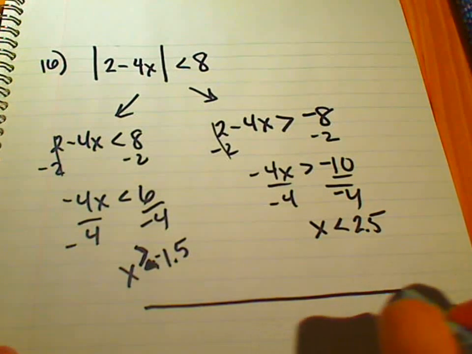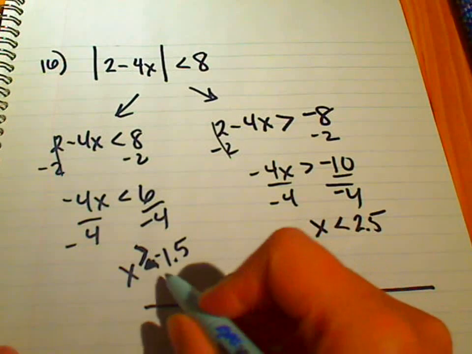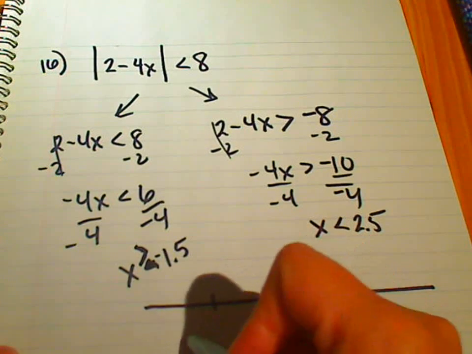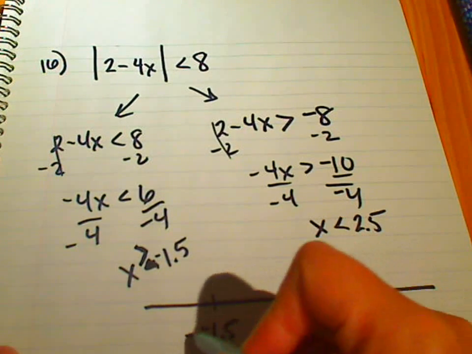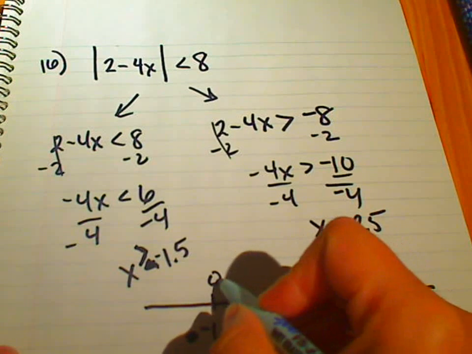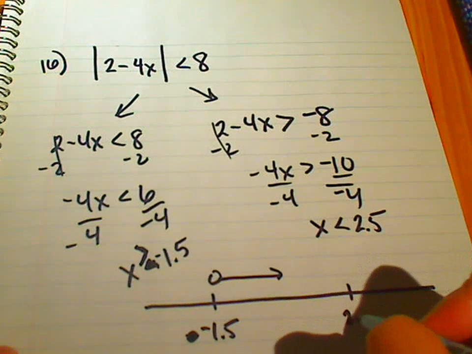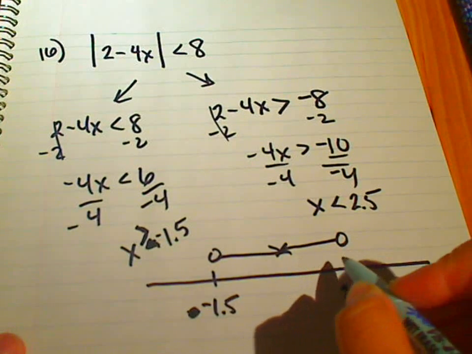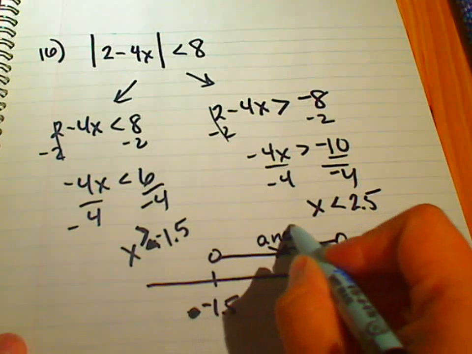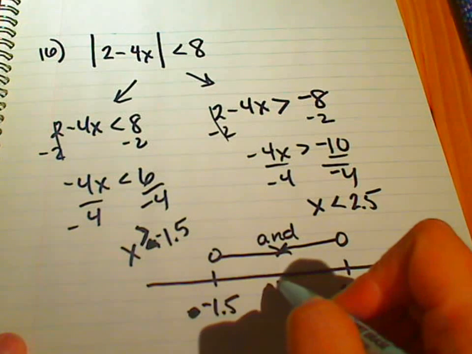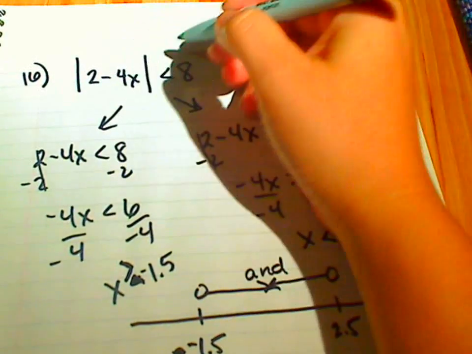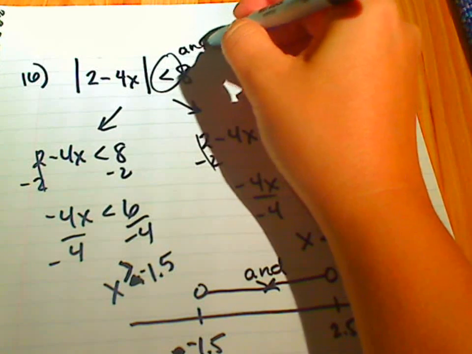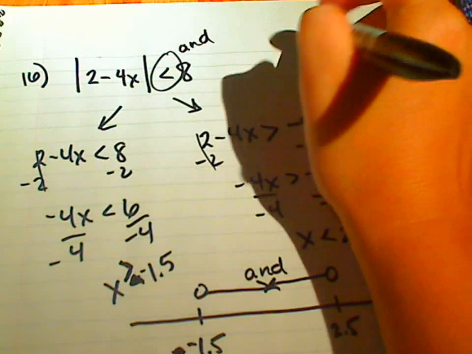So let's graphically get it on a number line, what it looks like. Okay, numbers are bigger than negative 1.5, open circle, goes this way. Here's 2.5, open circle, goes this way. Well, this is an AND statement. If they're going like this, and especially if it starts off like this, it's an AND statement, it's going to be one answer.